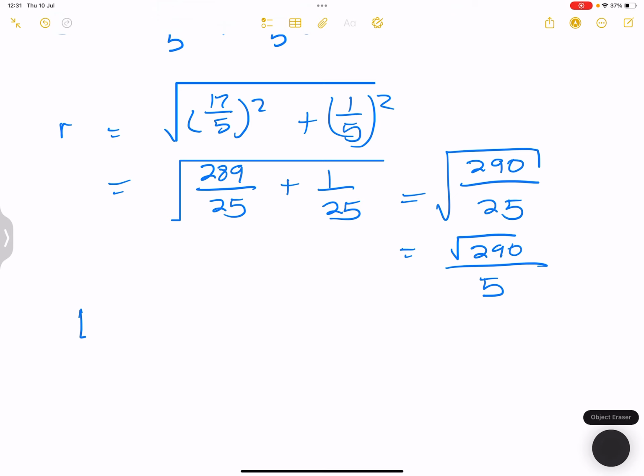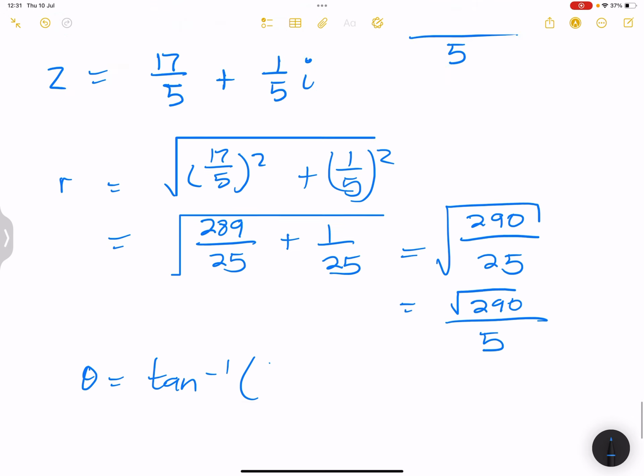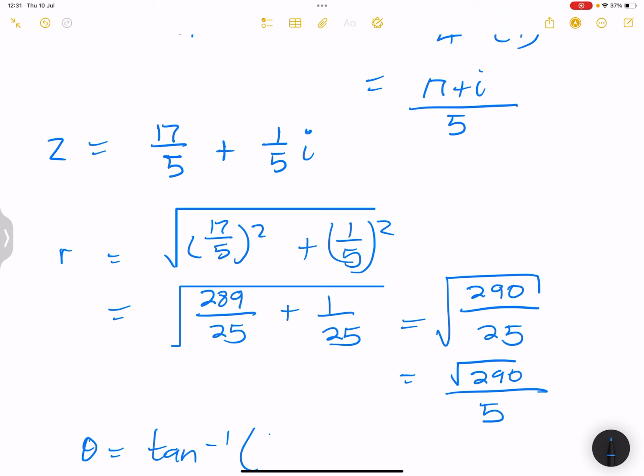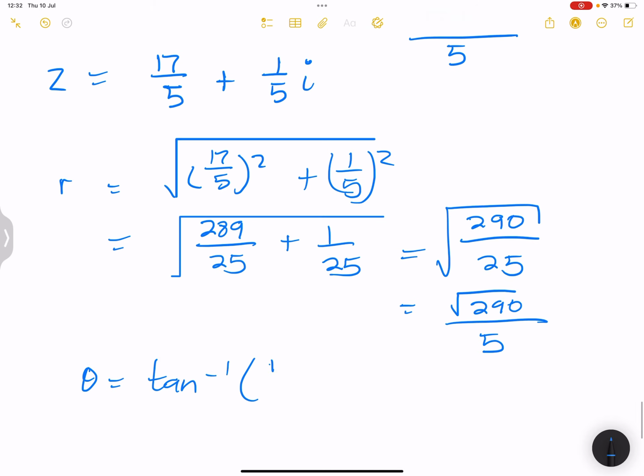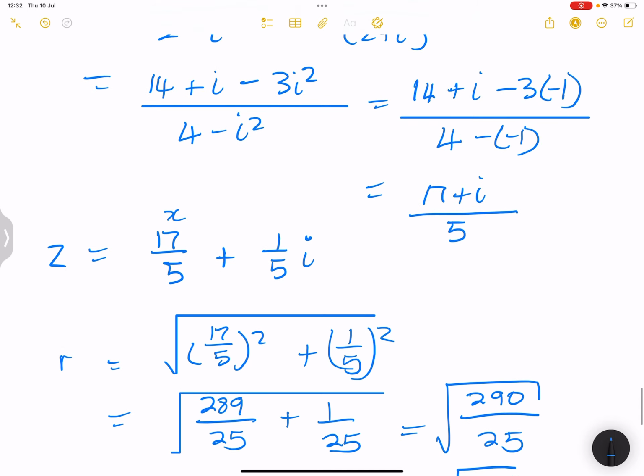And to get our argument, this is the arctan of y over x. Or if you want to, you can take cos, x over r. So I'm going to take, in this case, y over x. This is x and this is y.